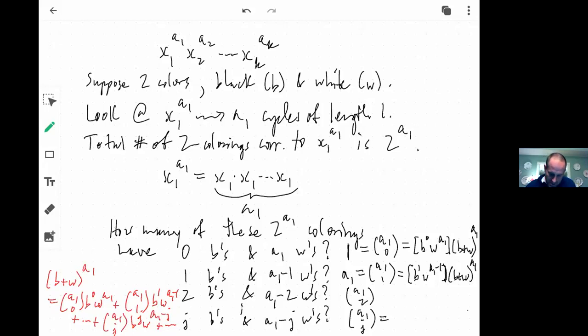In general, it's just going to be the coefficient of b to the J, w to the a1 minus J in (b plus w) to the a1. We use the binomial expansion as a generating function to get that number. Notice we're taking the binomial expansion of the same thing every single time.